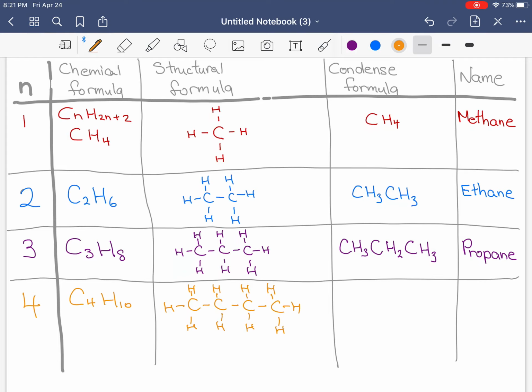So the structure, condensed wise, will be CH3, CH2, CH2, CH3. All right. What will we call this guy? Well, let's call him butane. Butane.